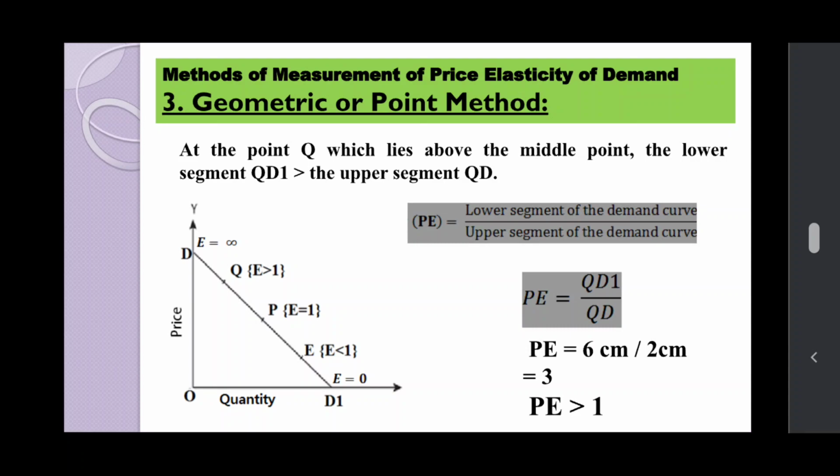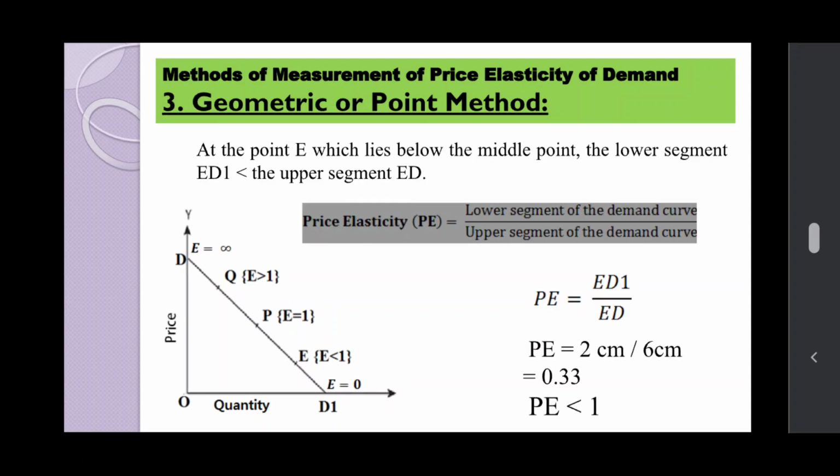In the same way, we may calculate elasticity at point E, which lies below the middle point. The lower segment of the demand curve is ED1, which is less than the upper segment ED. So the formula is price elasticity is equal to lower segment of the demand curve upon upper segment of the demand curve.